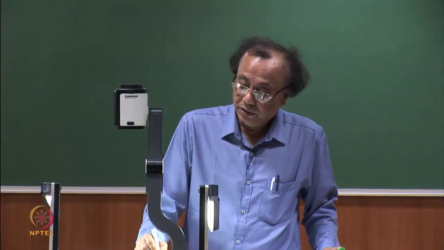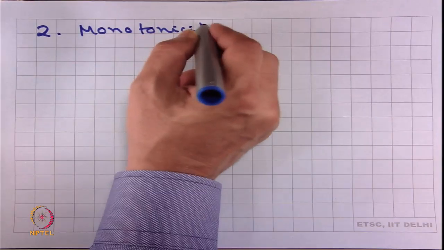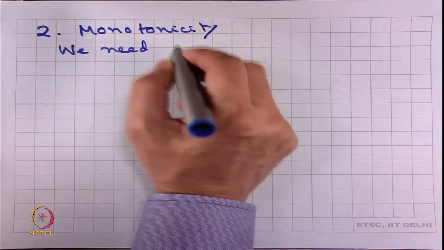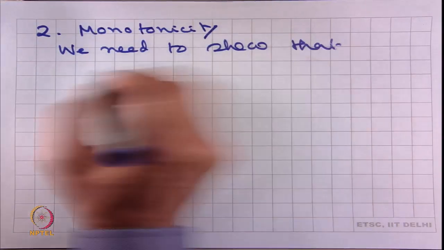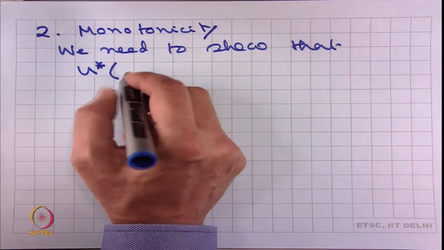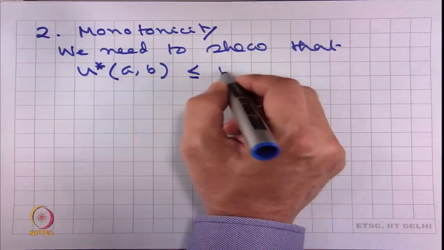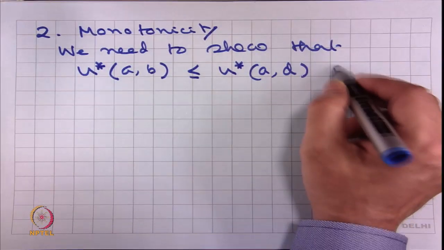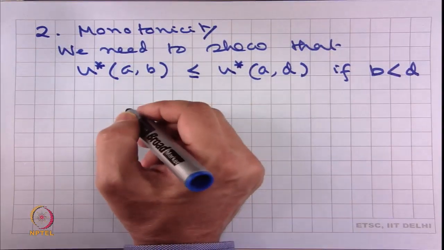2. Monotonicity. We need to show that U star of a comma b is less than or equal to U star of a comma d if b is less than d.